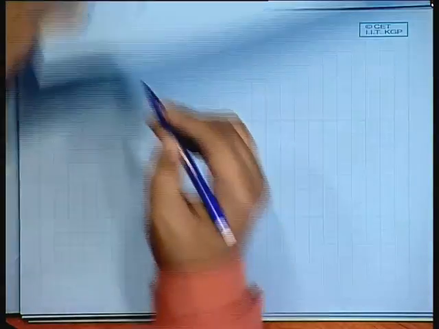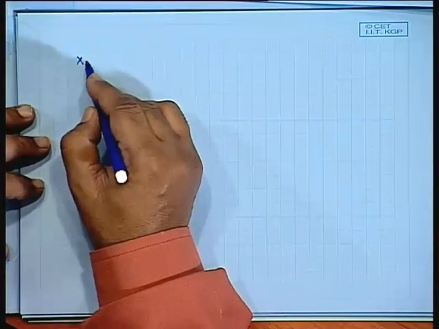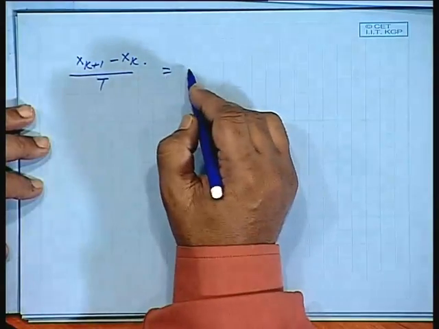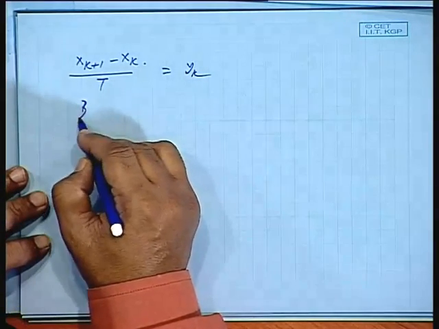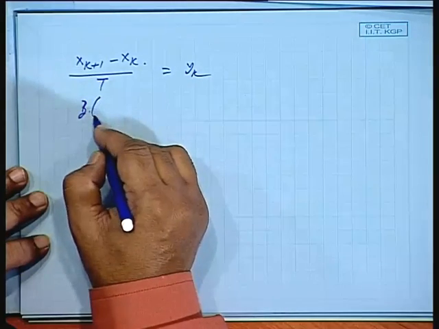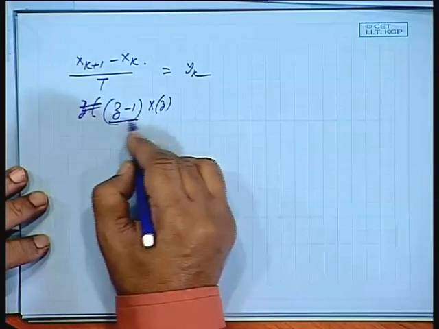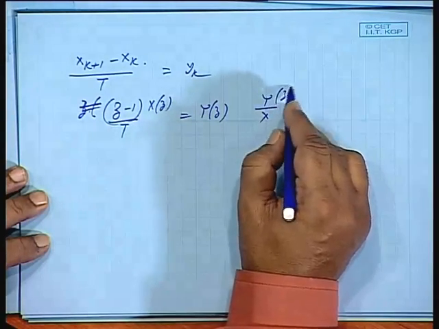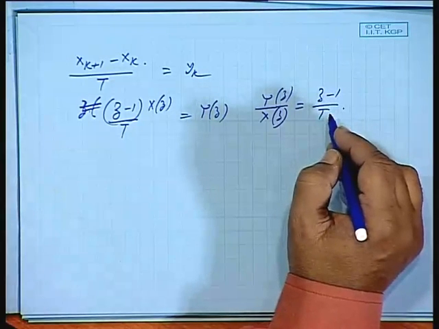This is one substitution. Okay. If I go for the other substitution, that is, if I take the forward value, then it will be x(k plus 1) minus x(k) by T. This will be the corresponding y(k), or say this is z times X(z), okay, (z minus 1) into X(z) by T is equal to Y(z), or Y by X in the z domain is (z minus 1) by T. This is another substitution.